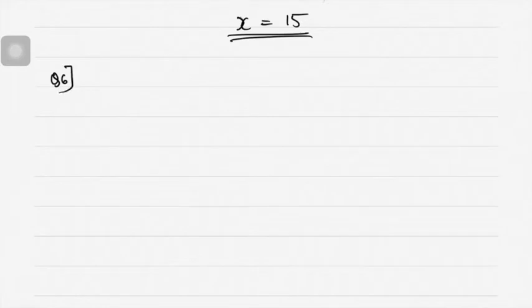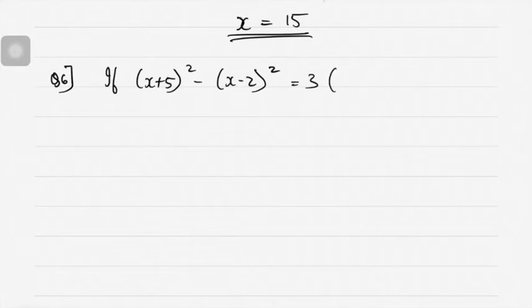Question number 6. If x plus 5 raised to 2 minus x minus 2 raised to 2 is equal to 3 into 5x plus 2 plus 11.